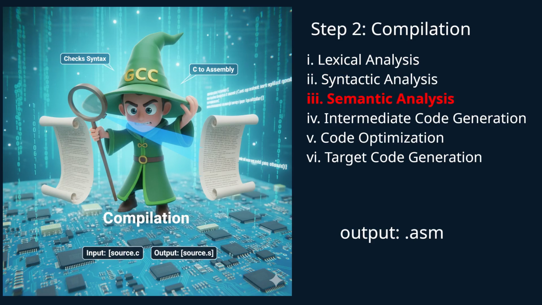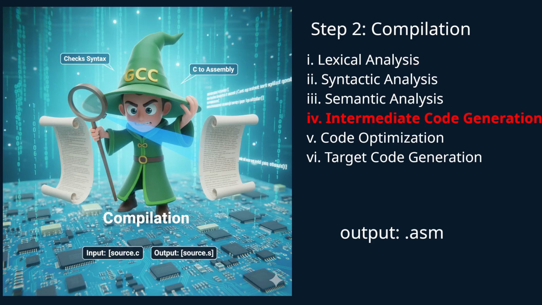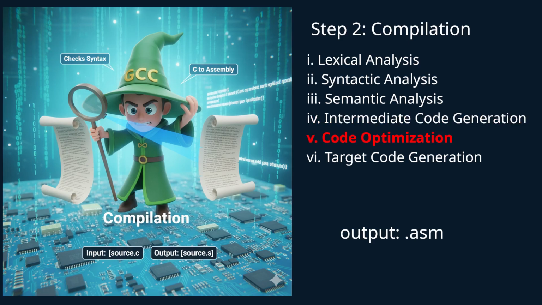Semantic analysis. The AST is checked for semantic errors such as type mismatches and undeclared variables. Intermediate code generation. A high level machine independent intermediate representation, IR, is often generated. Code optimization. The IR is analyzed and transformed to improve performance.